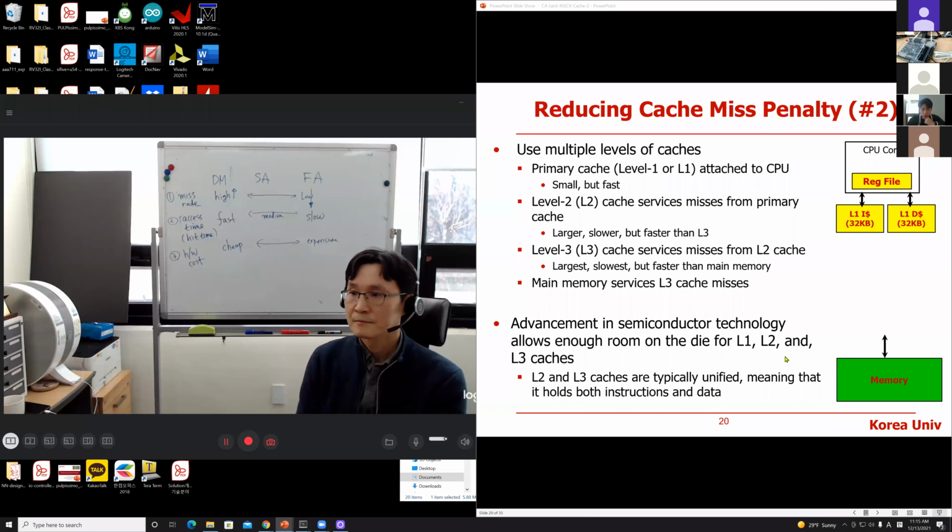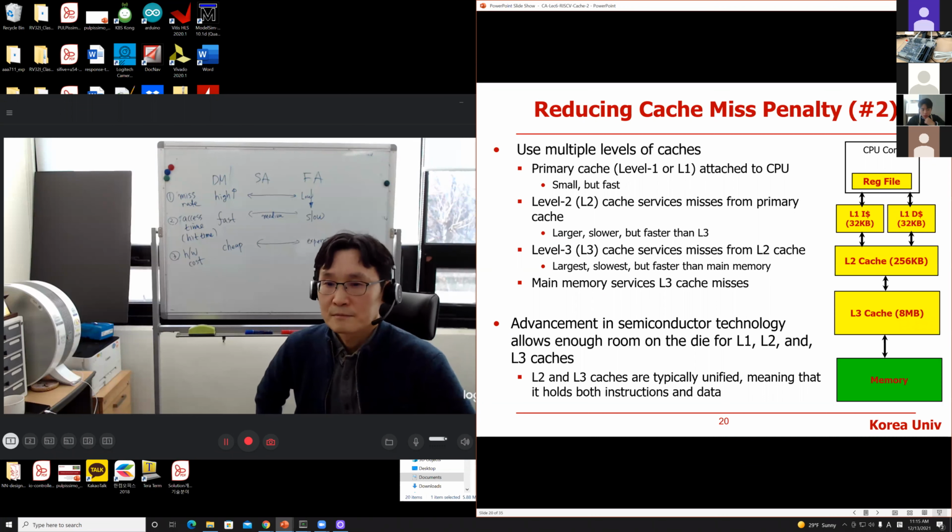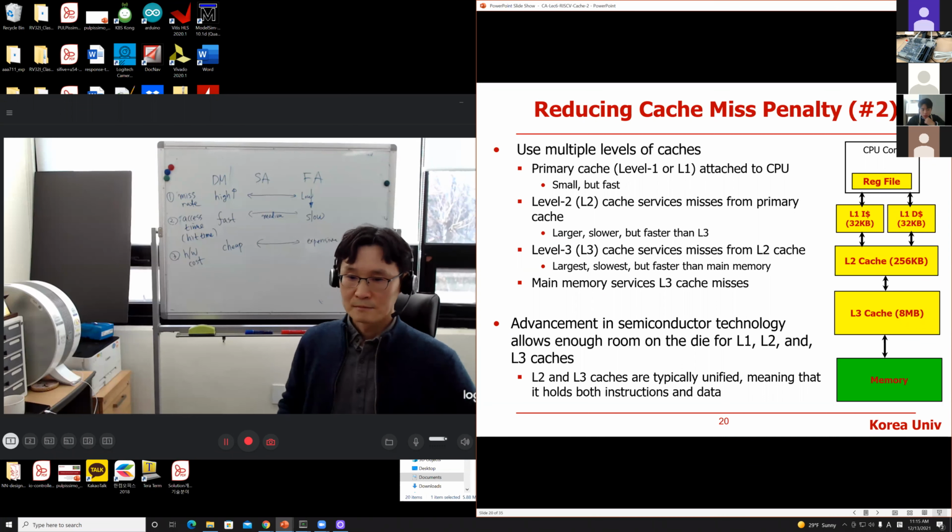Reducing cache miss penalty. Use multiple levels of caches. Primary cache attached to CPU, small but fast. Level 2 cache services misses from primary cache, larger, slower, but faster than level 3. Level 3 cache services misses from level 2 caches, largest, slowest, but faster than main memory.